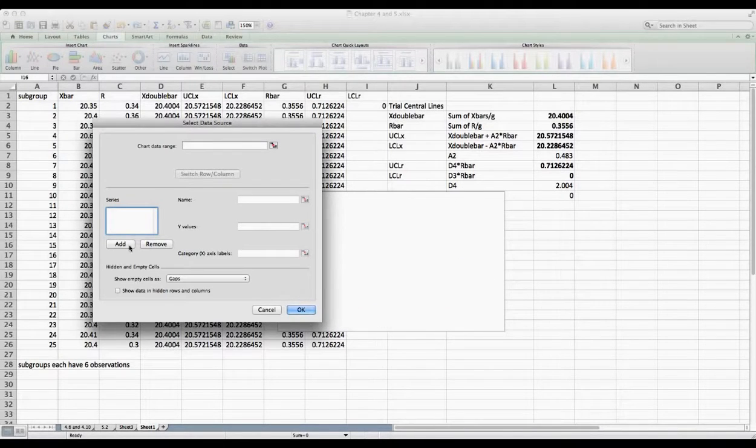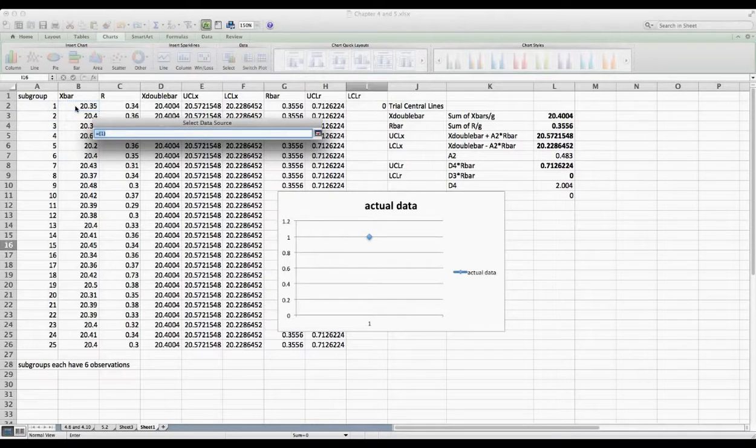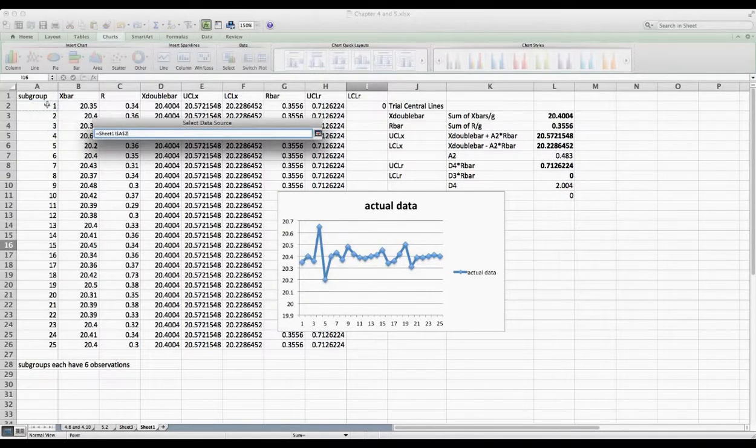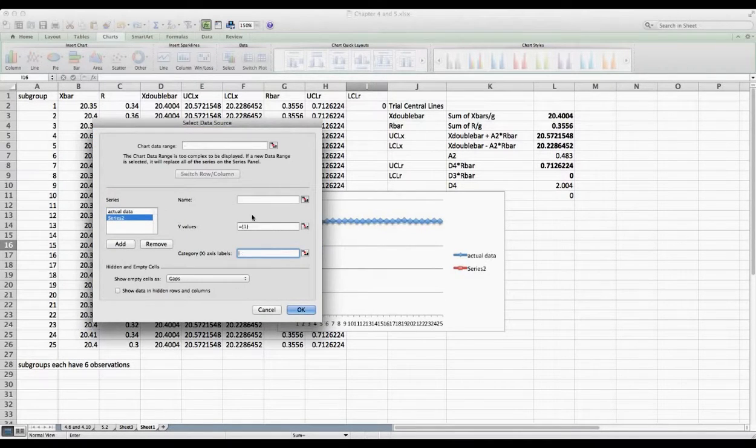Okay. Now, let's add our actual data first. Our Y values are right here. Let's do the X bar chart first. Okay, the x-axis is subgroup. Okay, we're getting there.